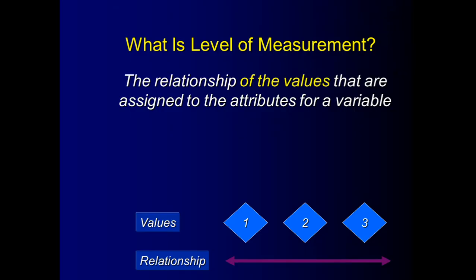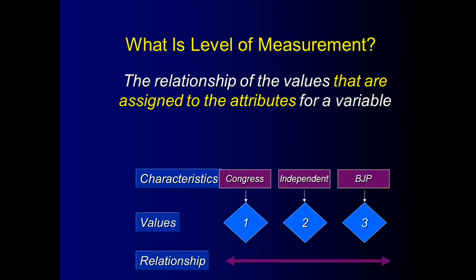For example, you can see how the values are on a variable. If you take gender, you have 1, 2, 3, let us assume. Or you can take any other example, political party. What values does it have? Let us say three values, 1, 2, 3.